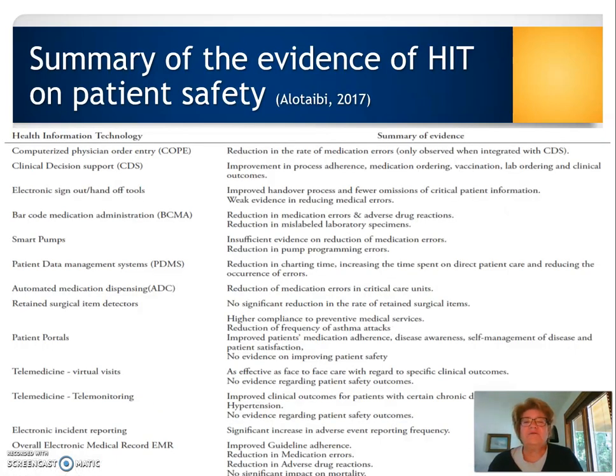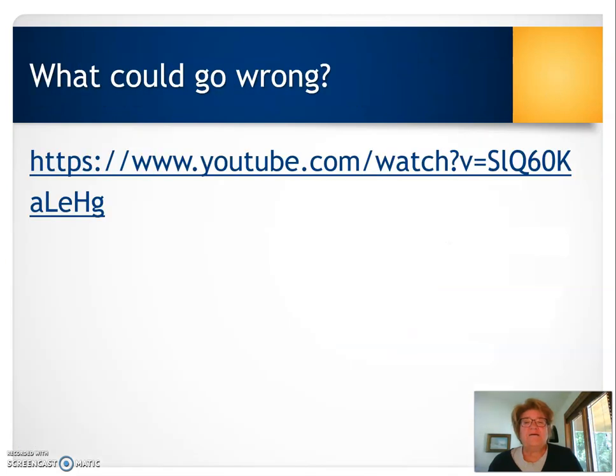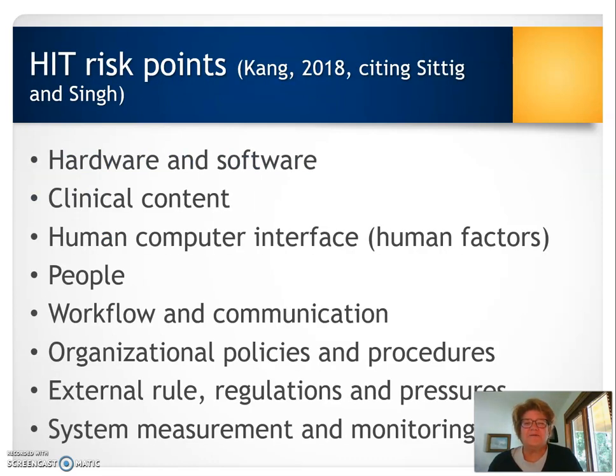This I'm not going to go over, you can take a look at, but here is the evidence that is actually positive for patient safety, and it makes me happy. However, there are things that can go wrong, and I'm not going to hit on them in this particular video, but you can. And here are the risk points, and you can read down the list: hardware, software, clinical content, interfaces, workflow, and communication.